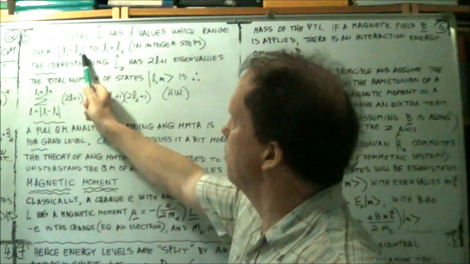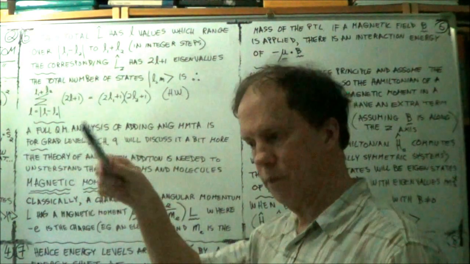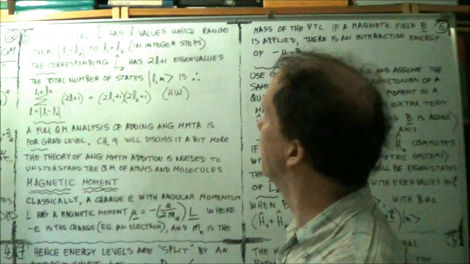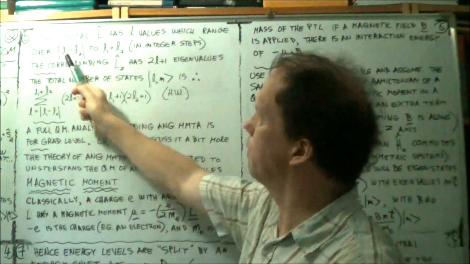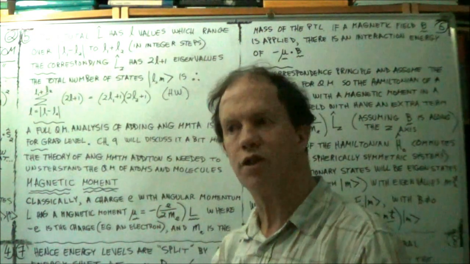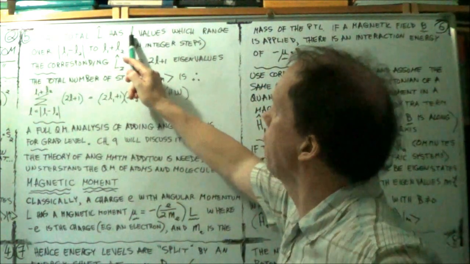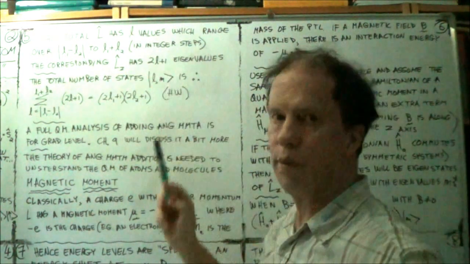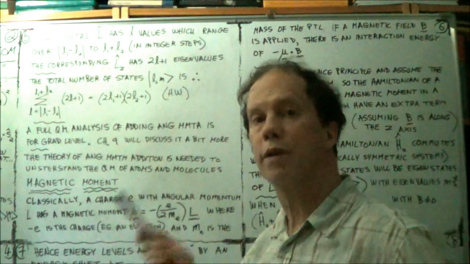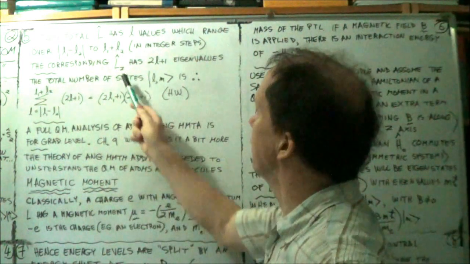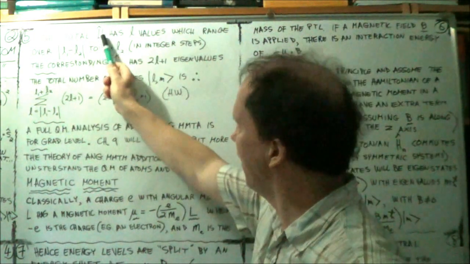And so it ranges from this to this in integer steps, going up by ones each time. So from that, if you know these two limits, you can then calculate how many different possible states are there. Well, for each l here, you'll have 2l plus 1 possible eigenvalues for the component along the z-axis of the total angular momentum here. This is the z component of that.